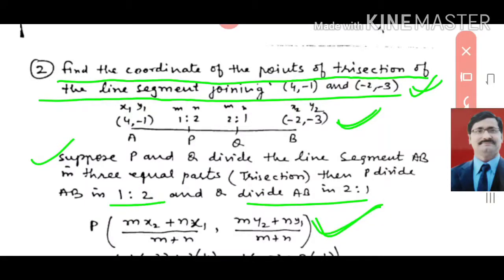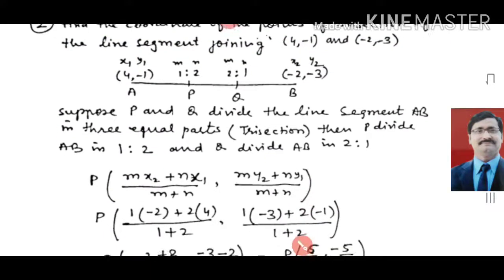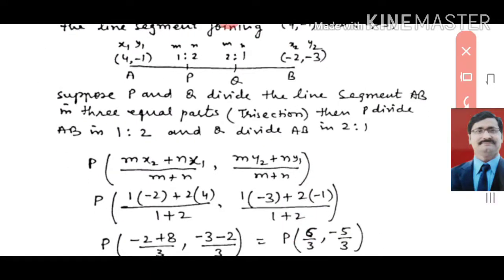First we write this formula. P is (m x2 plus n x1) upon (m plus n), (m y2 plus n y1) upon (m plus n). Now you will put these values. First we are finding the point P, so in place of m put 1, x2 is -2, n is 2 and x1 is 4, and y2 is -3 and y1 is -1.